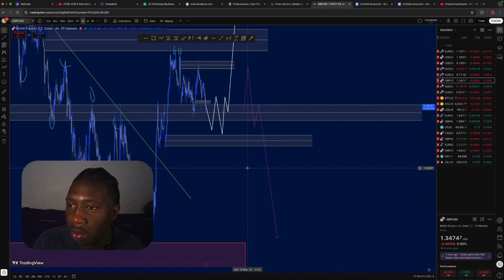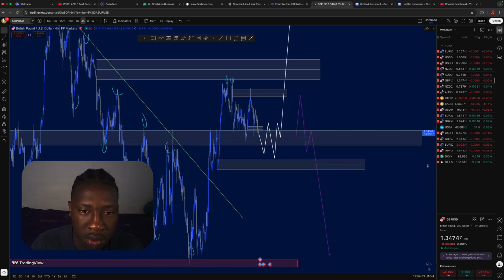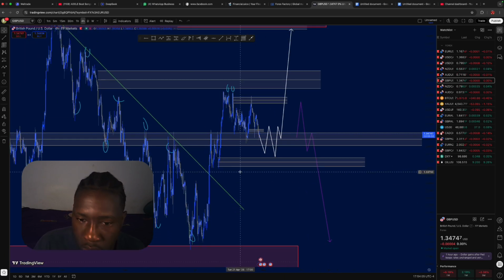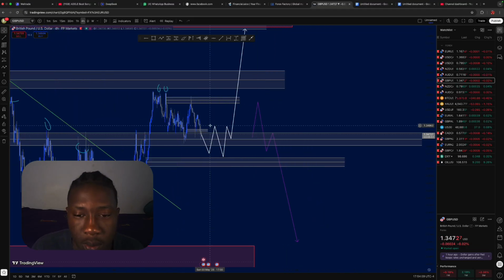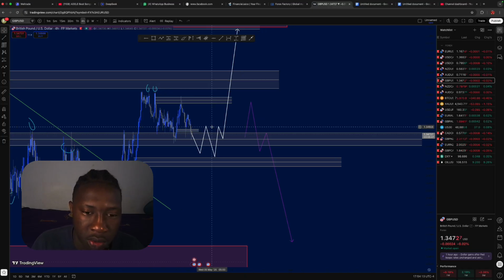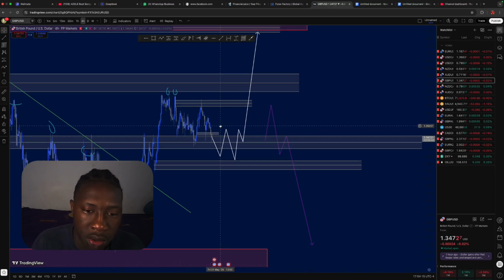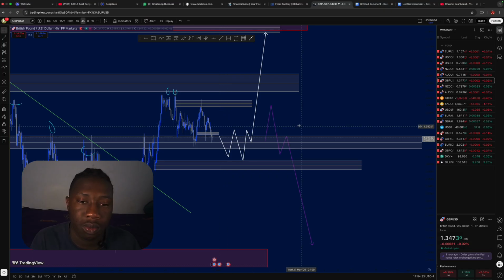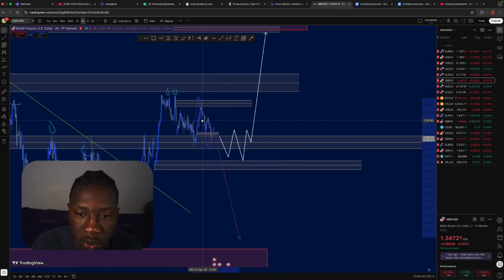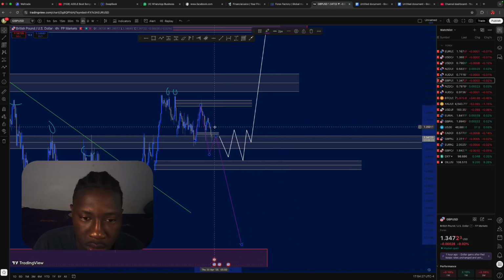And then we go to GBP USD. Yesterday we were looking for buys, but today, and the structure was not also the exact, so we didn't take any trade from there. So now what we are looking for is this structure.